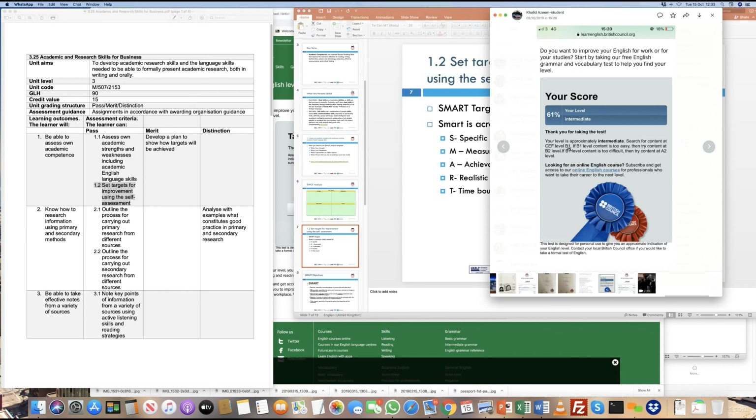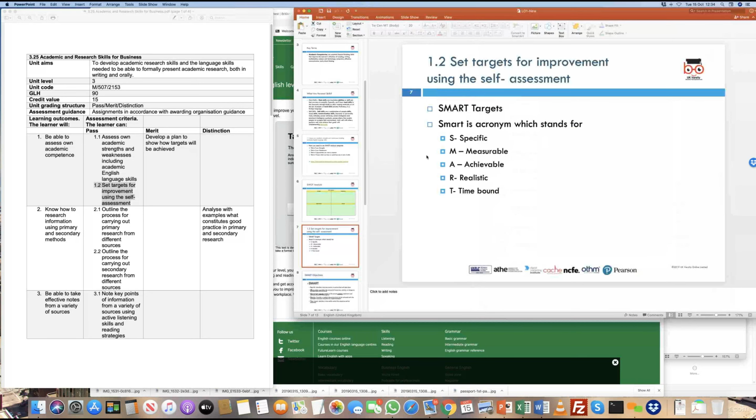Now, if the results show that you have a lower level than what is required, then at some stage you will need to set improvement targets. When we set improvement targets based on self-assessment, which you've done right now in English, we use something called SMART targets.